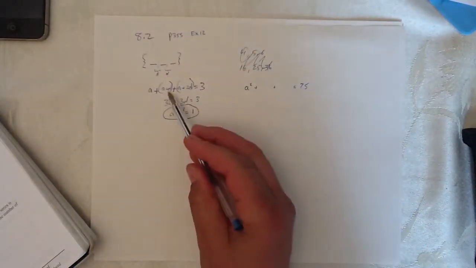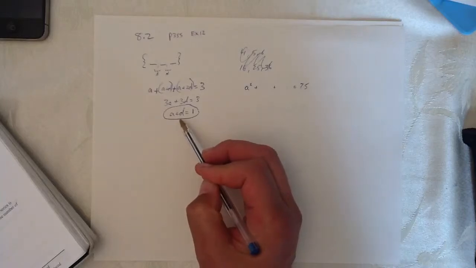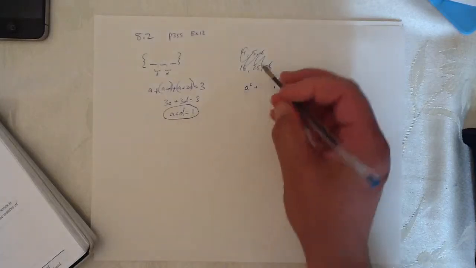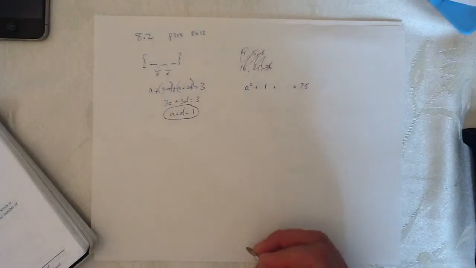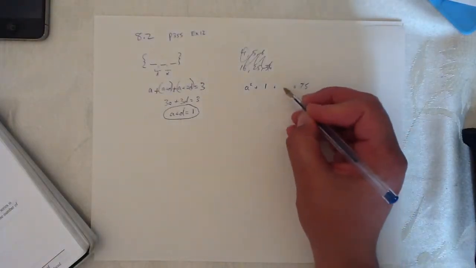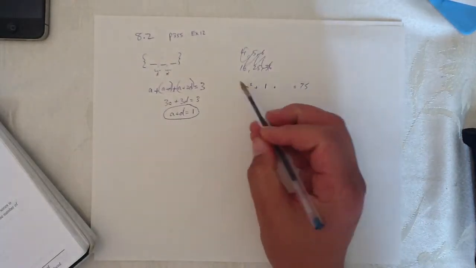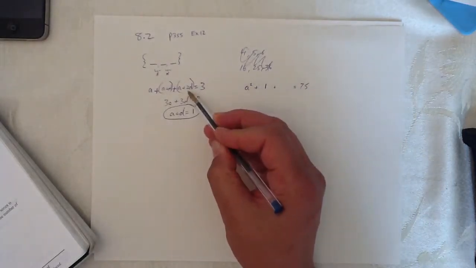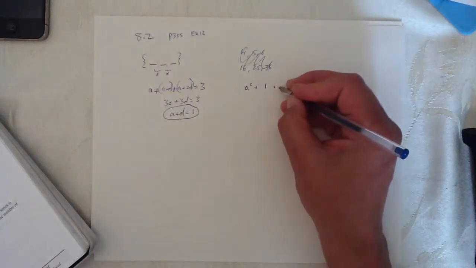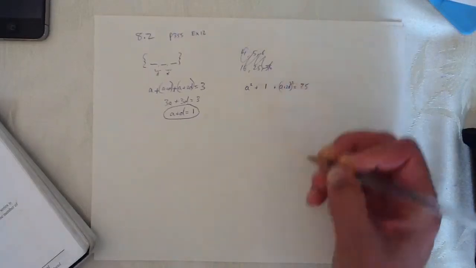So if that's our second term, a plus d, we already figured out that a plus d equals 1, and 1 squared is 1. That simplifies things hugely. The third term here, which is a plus 2d, can be squared. So a plus 2d squared.